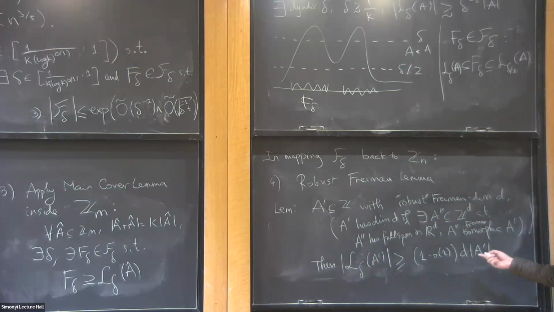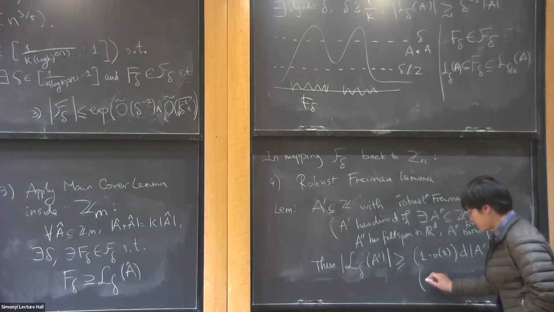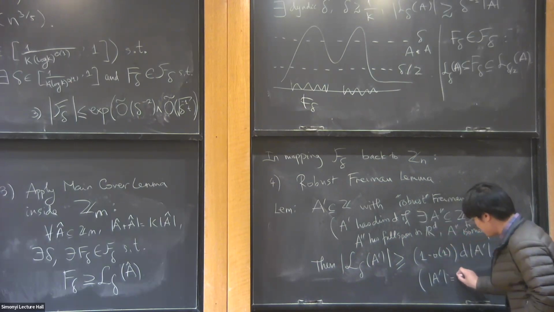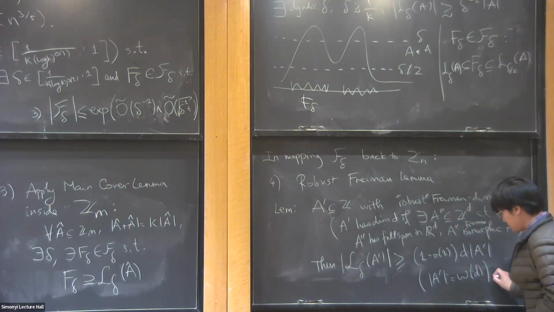It has to grow at least like d times the size of A prime. So here, we are under the assumption that the size of A prime is quite a bit bigger than the ambient dimension d that we are talking about.